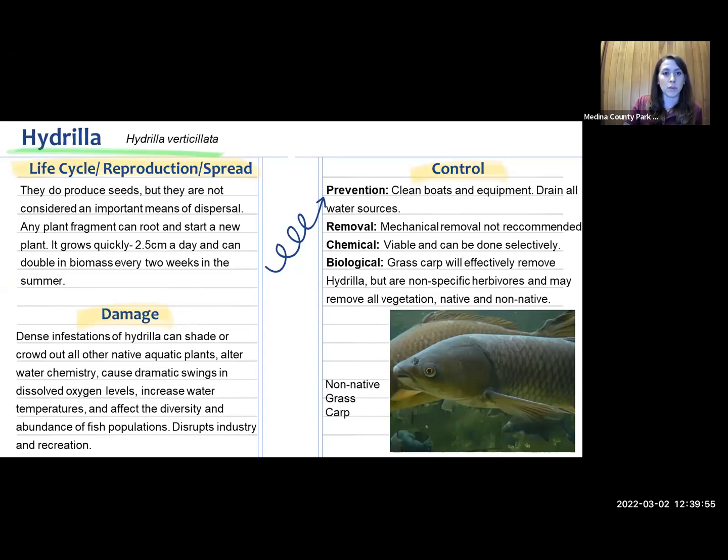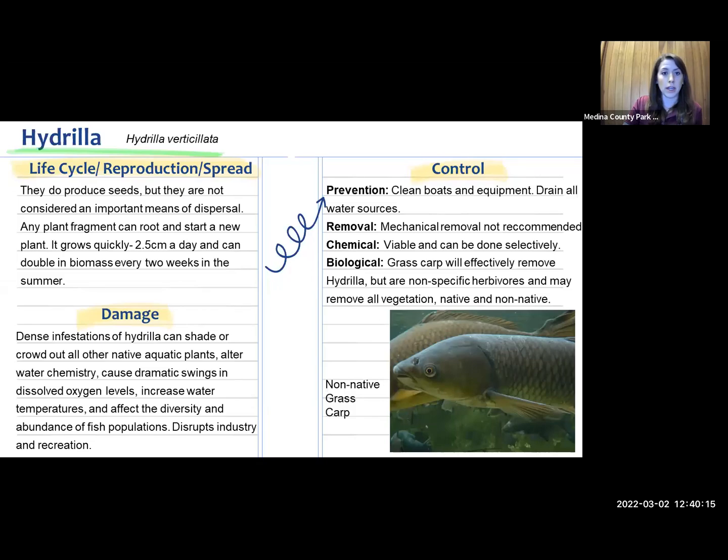Especially for this one, mechanical removal, so physically pulling it out, is not recommended because even the smallest plant fragment can grow into another plant and it can become an entire colony. So this is another one of those interesting cases with biological control.